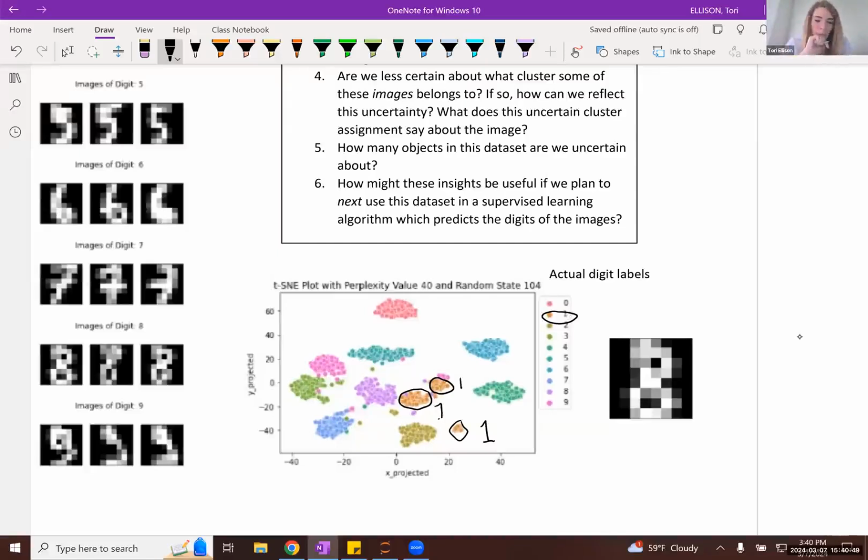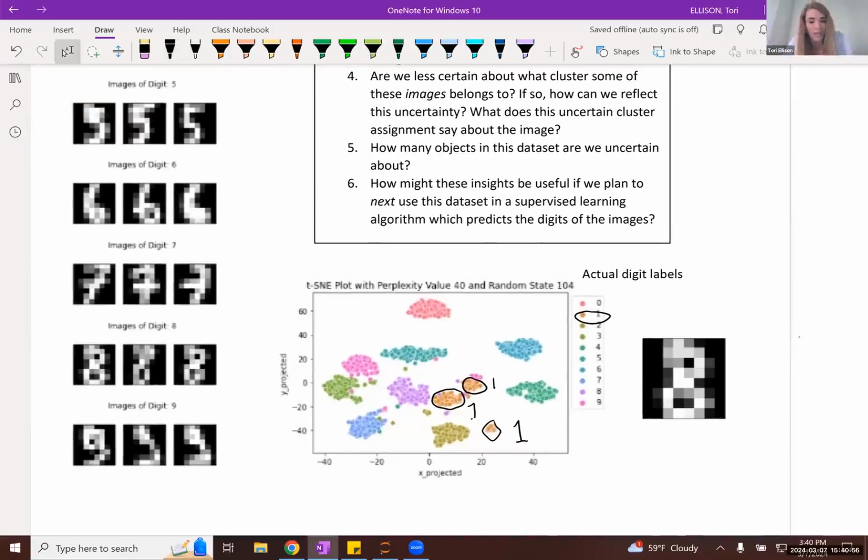So this is a situation in which using a t-SNE plot as well as a cluster analysis, other clustering algorithms can provide useful insight that, if your goal is to predict whether a given image is a one, this might suggest that it's going to be a little bit more challenging predicting the one as opposed to predicting the zero. What this is telling me is that for the most part, there's really only one way to write a zero, at least in this image data set here, but there are different subclusters of one.